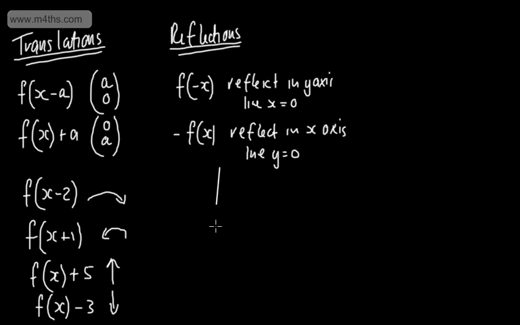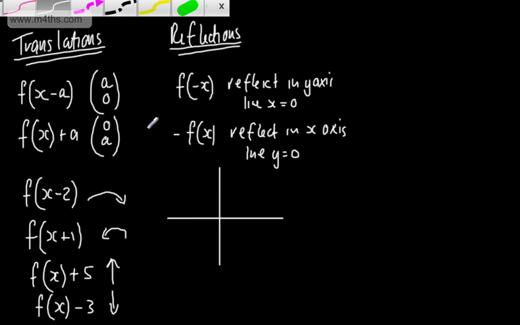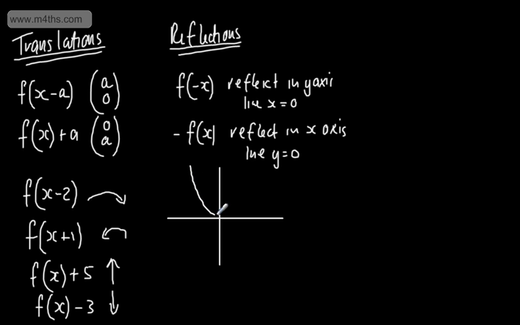So if we have a look at this, what I'll do is a quick sketch. Let's say we have y equals f of x, and f of x is x squared. So here we have y equals x squared. We've got this point here, (1, 1), and this point, (2, 4).